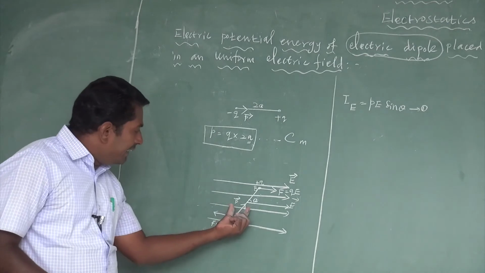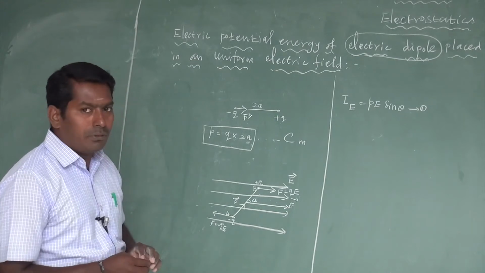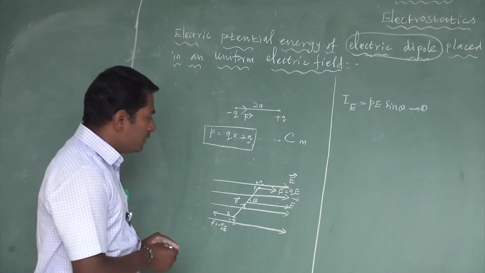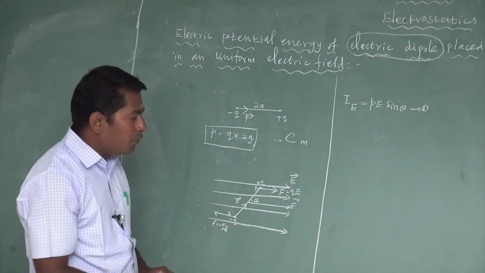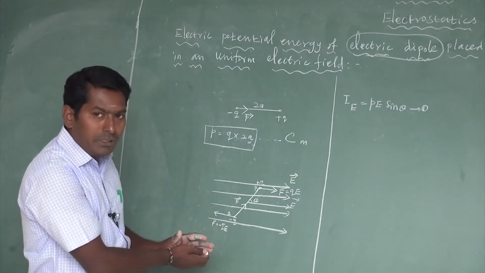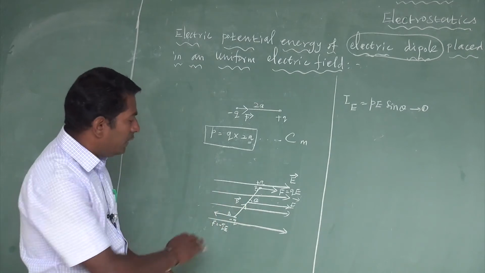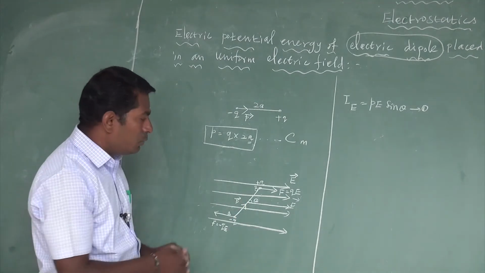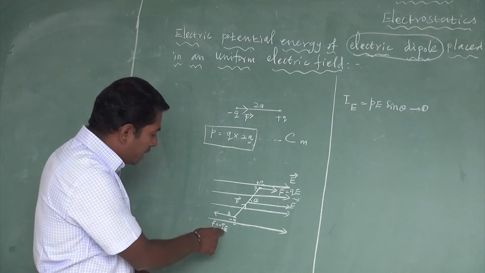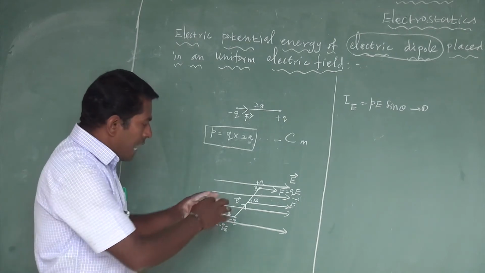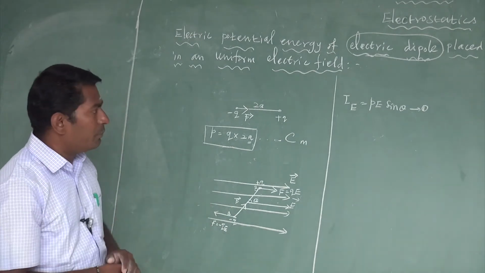What happens when an electric dipole is placed in a uniform electric field? It will experience torque. One important thing to keep in mind: both charges of the dipole experience forces of equal magnitude in opposite directions, so the net force acting on an electric dipole is zero. Whatever the orientation or position of the dipole within a uniform electric field, the net force is zero, because F equals qE is experienced by the positive charge and F equals minus qE by the negative charge.